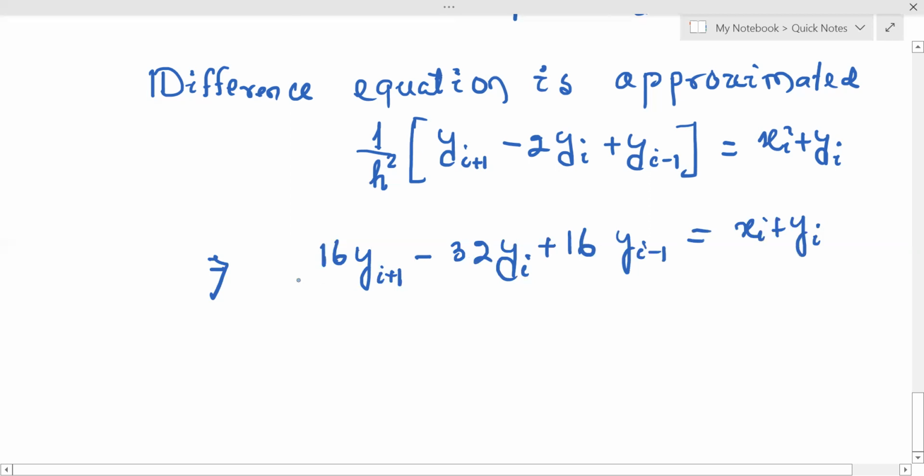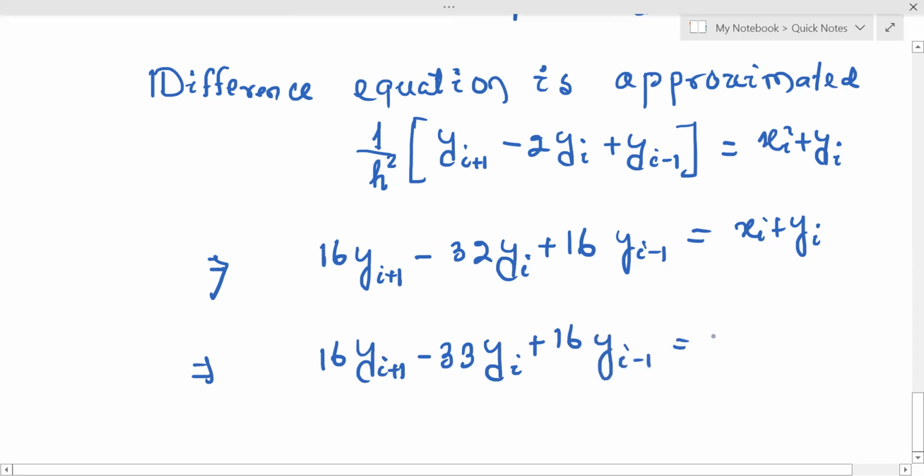Then this is reduced to 16 y(i+1) minus 33 yi plus 16 y(i-1), which is equal to xi.